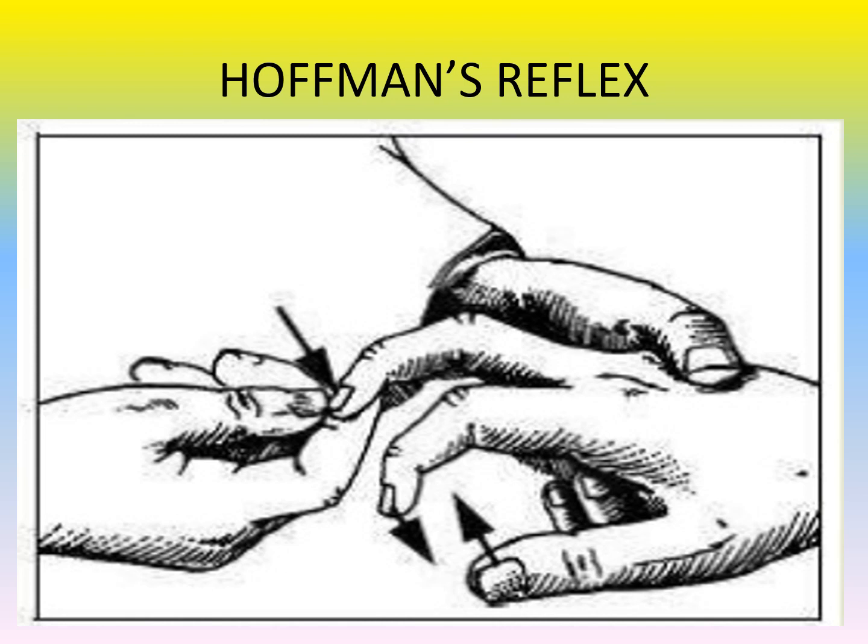And next you have to perform a sharp and forceful flick of your thumb, making contact with the nail of the subject's middle finger. And further, the subject's finger will flex immediately, followed by relaxation. And the presence of Hoffman's sign is characterized by flexion and adduction of the thumb and flexion of the index finger.